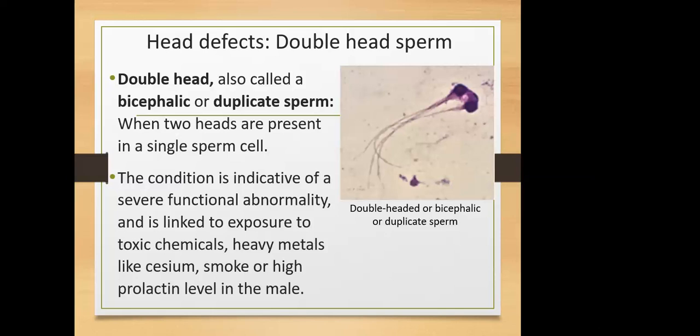When two heads are present on a single sperm, all right, good. The condition is indicative of a severe functional abnormality and is linked to exposure to toxic chemicals, heavy metals like cesium, smoke, and so on. So when we have double-headed or bicephalic or duplicate sperm, we know that the head is automatically supposed to direct the movement.